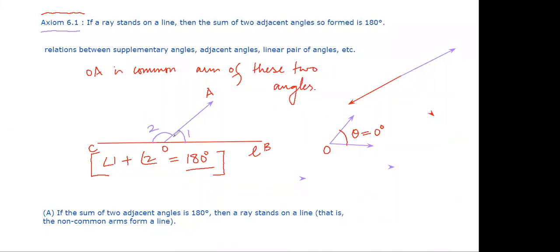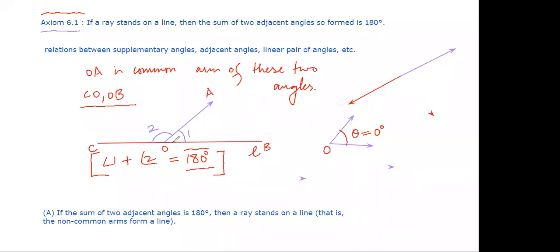Now, the non-common arms, that is CO and OB, are forming a straight line. In this case, the non-common arms are forming a straight line, and hence we can say the sum of angle 1 and angle 2 would be 180 degrees. Students, do you see what is the relation between supplementary angles, adjacent angles, and linear pair of angles?